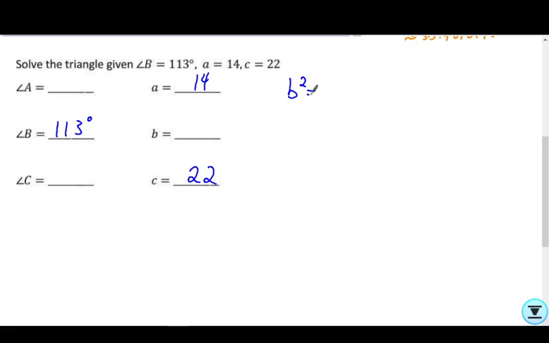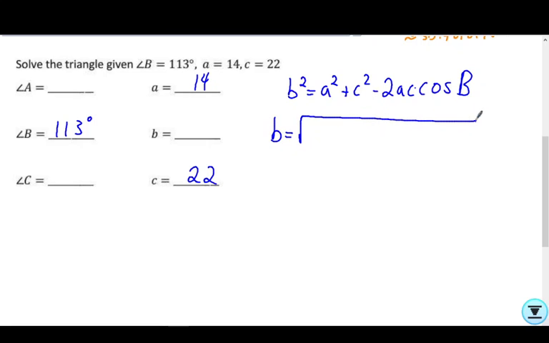So we use our law of cosines equation, this one: b squared equals a squared plus c squared minus 2ac times the cosine of angle B. Which means b is going to be equal to the square root of all of this, and it's 14 squared plus 22 squared minus 2 times 14 times 22 times the cosine of 113 degrees.